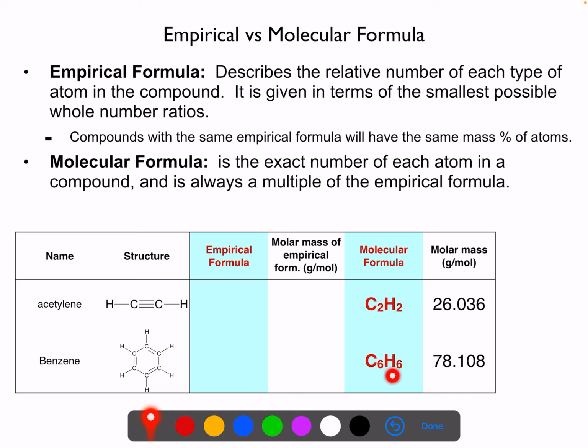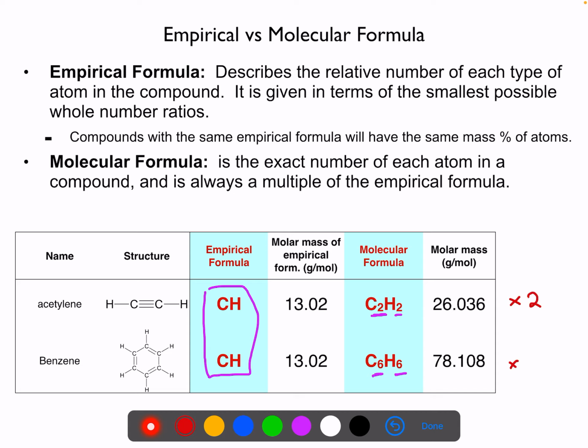Here it's 1 to 1. So both of these have an empirical formula of CH, with equal numbers of carbon and hydrogen. The molar mass of just the empirical formula would be 13.02. And then we can see acetylene is really 2 times the empirical formula, and benzene is really 6 times the empirical formula. So they're always a multiple of the empirical formula.